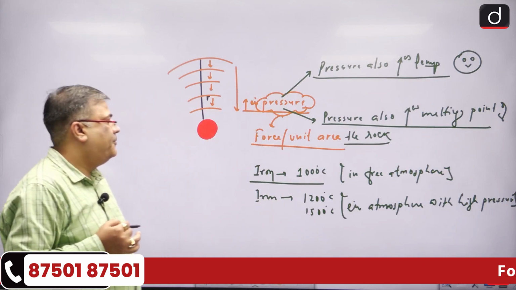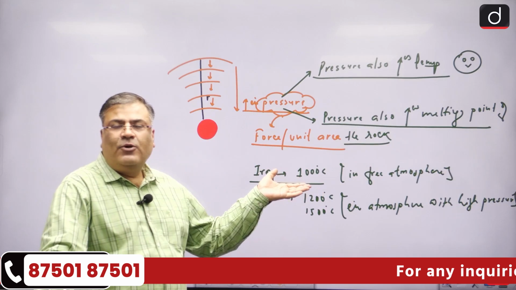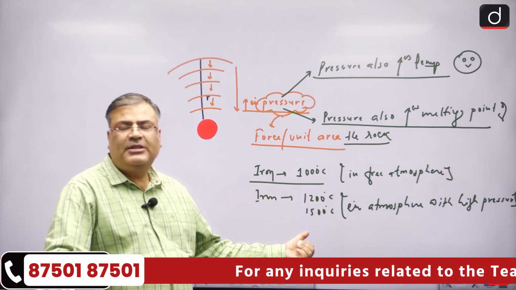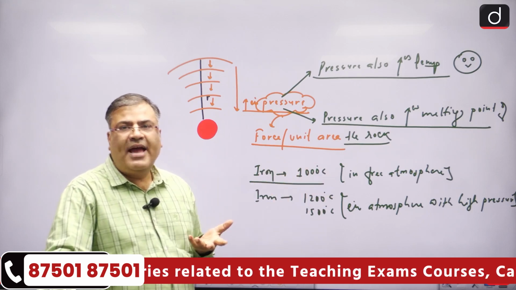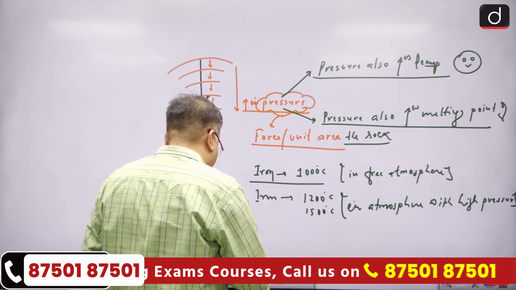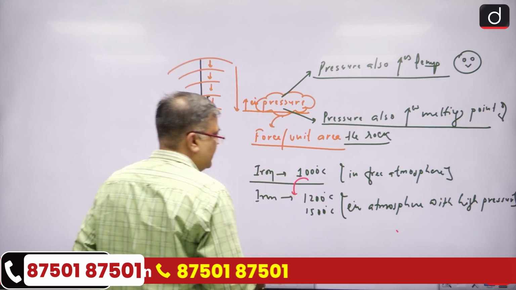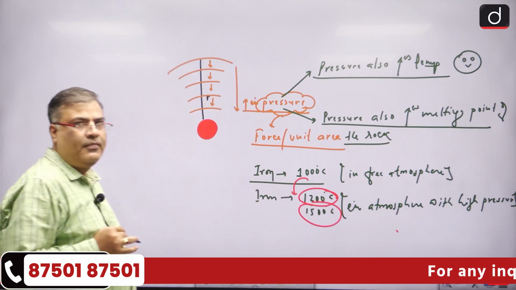Iron which is melting at 1000 degrees C is now melting at 1200 degrees C or 1500 degrees C, depending upon what amount of pressure we have exerted. So it suggests that since the pressure has increased, because of this the melting point of the iron has also increased.